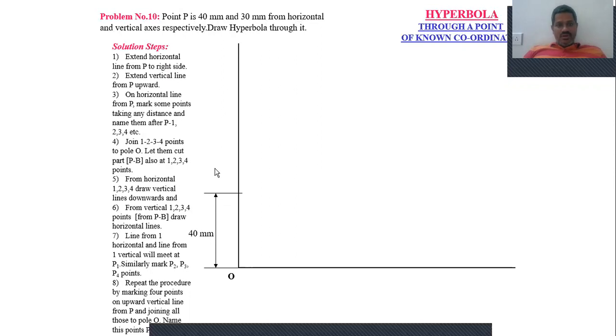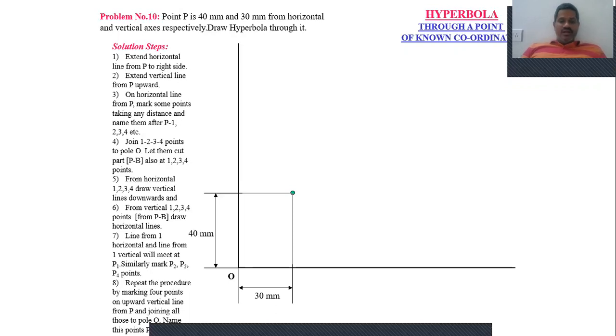So the vertical is 40, then the horizontal is 30. Locate 30 and you will get a point at this location. This point is in the coordinate system at 30 and 40: 30 mm along the x-axis, 40 mm along the y-axis. Now the intention of this problem is to draw a hyperbola which must pass through this point.